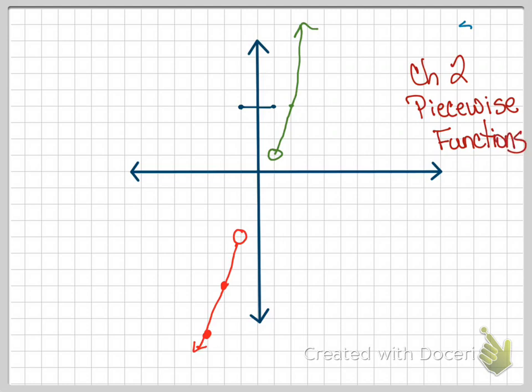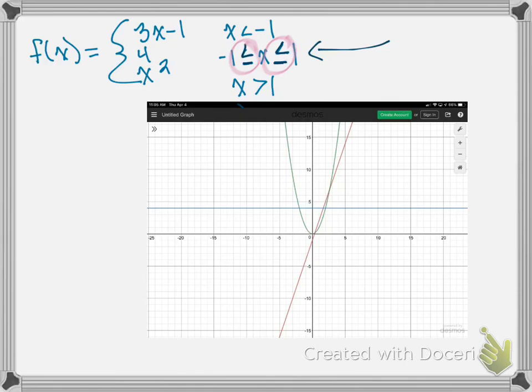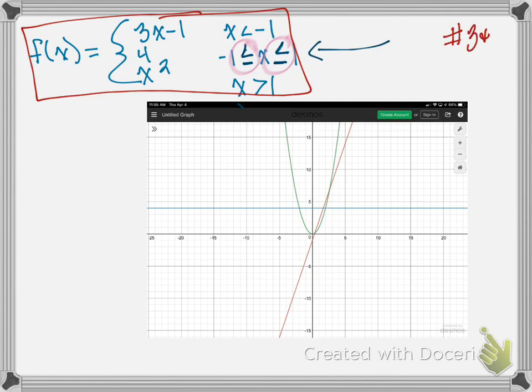And I know I asked you to graph this when you came in. This is what the original problem would look like. That's what it looks like on your project. And I think it's numbers 3 and 4 on your project. I'm not 100% sure, but I think that's what it is.